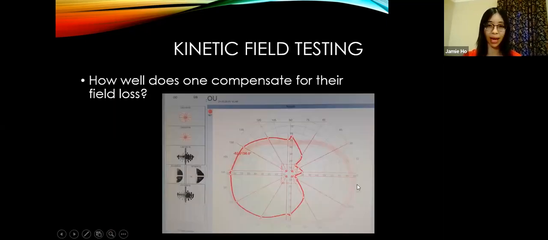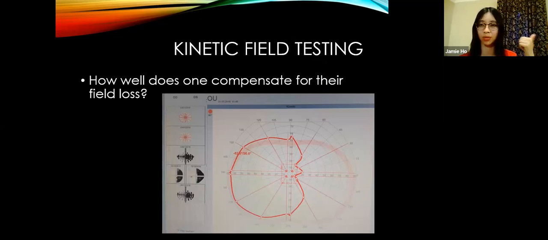I have an Octopus, and this is actually a kinetic field. So how this differentiates: we talked about threshold, which is monocular, and threshold grading sensitivity. We talked about binocular Esterman, which is with two eyes, and it's not threshold. It's can you see it, can you not? This is a kinetic field, which is similar to binocular Esterman.